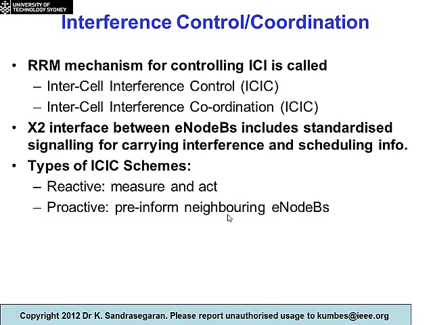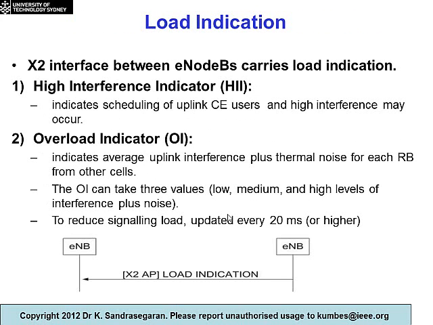Again, ICIC can be broadly classified into reactive and proactive schemes. Reactive is where you measure and you perform an action. Proactive is where you inform your neighbors about the way you're going to allocate resources, so they can be aware of what sort of interference they will get.